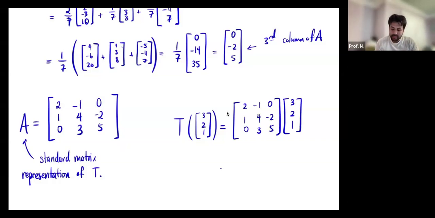And then it becomes just mere computation. So I get 4 times 3, 3 plus 8 is 11, minus 2 is 9. And I get 6 plus 5, which is 11.